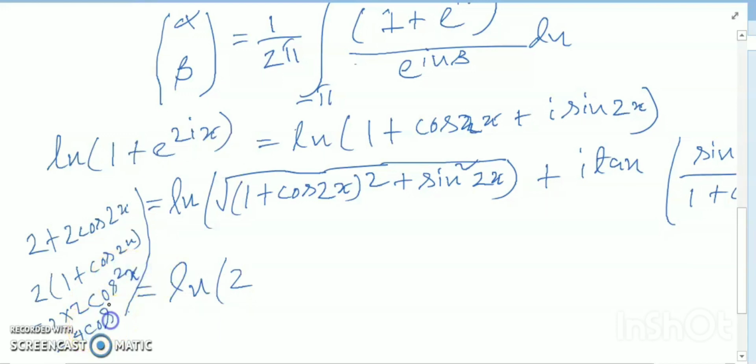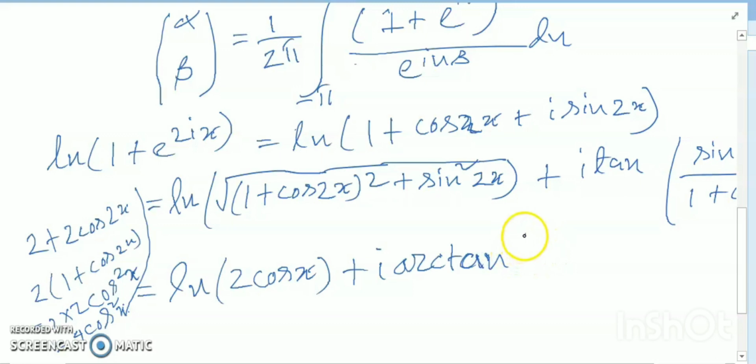So it is ln 2 cos x, plus i arc tan of tan x.